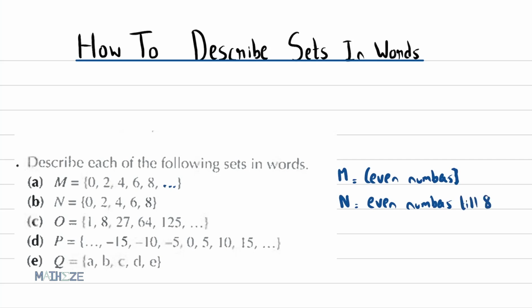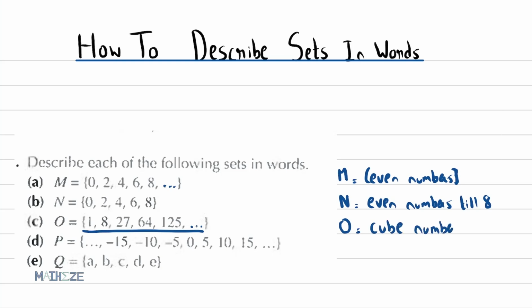Then if I see set O, it starts from 1. 1 cubed is 1, 2 cubed is 8, 3 cubed is 27. If I notice, it has all the cube numbers. And dot dot dot means goes on till infinity. That means set O is what? Cube numbers. Do you get this?